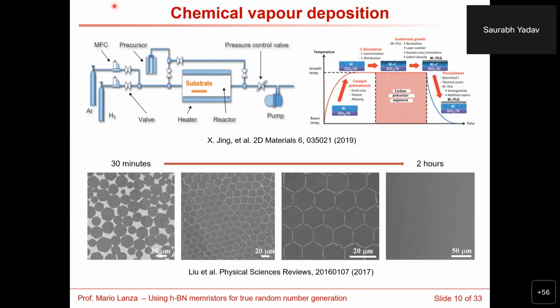Well, if you have a clean environment inside your furnace, the main effect of extending the growth time will be an increase of the thickness of your material. The first layer that you grow is normally faster than the rest because the first layer sees the catalytic substrate and the reaction is boosted.